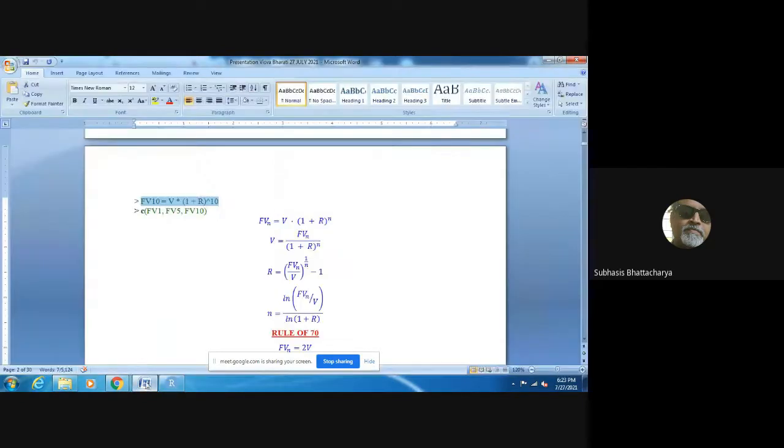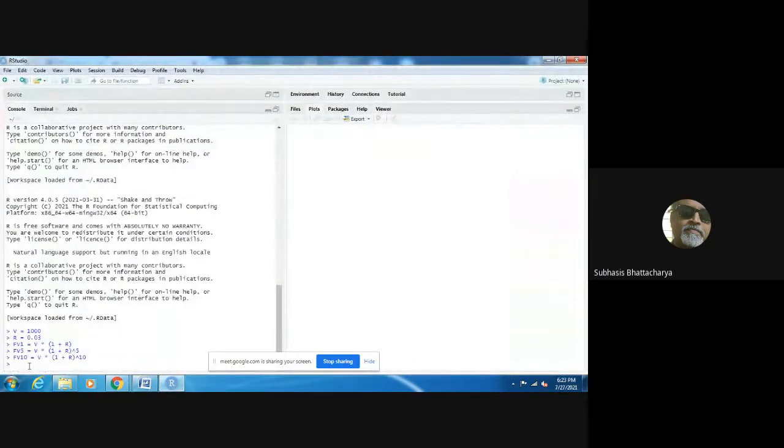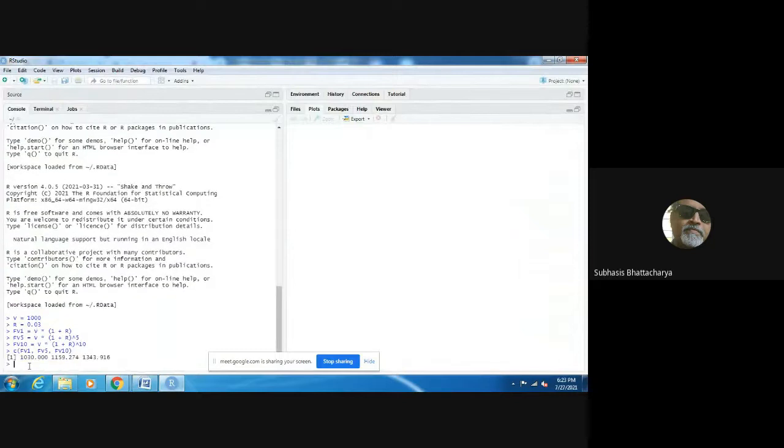Then I print all these results. These are the outputs: 1030, 1159.274, and 1343. So this is how R works.